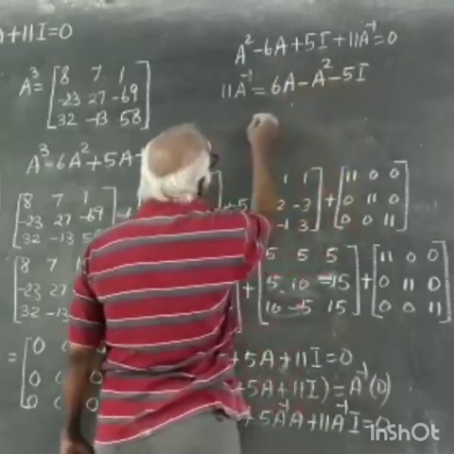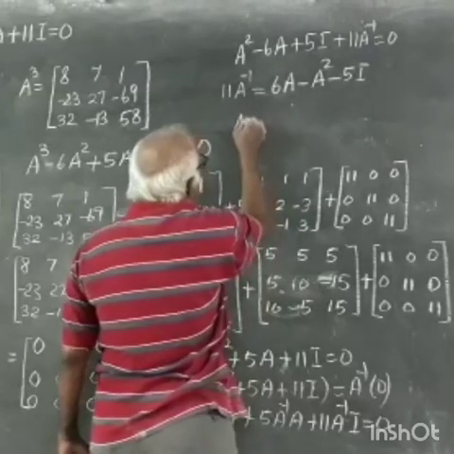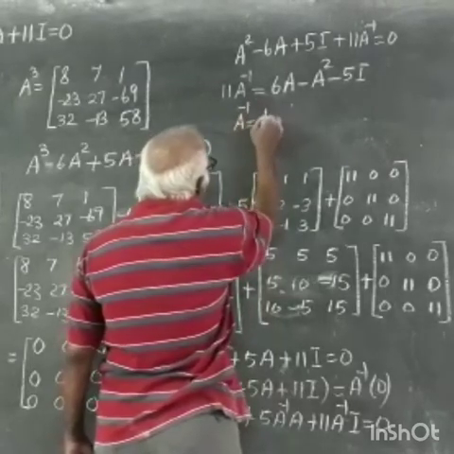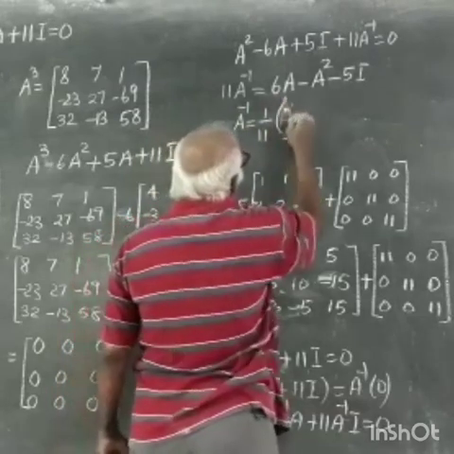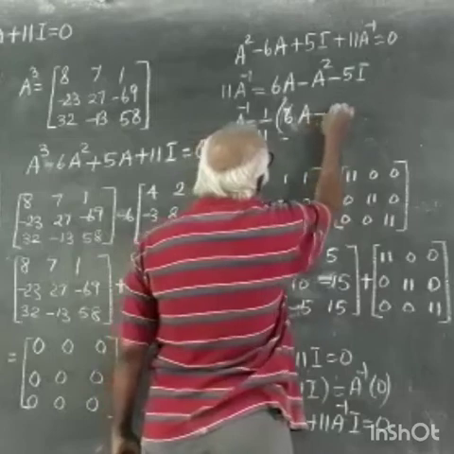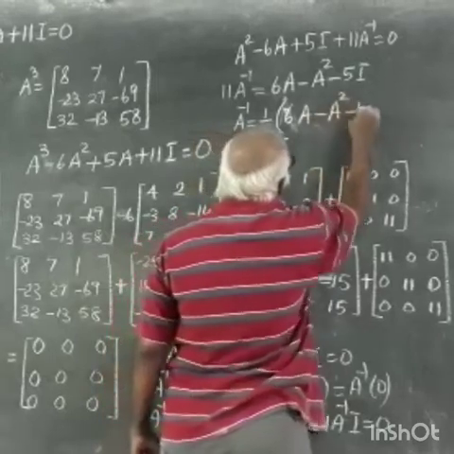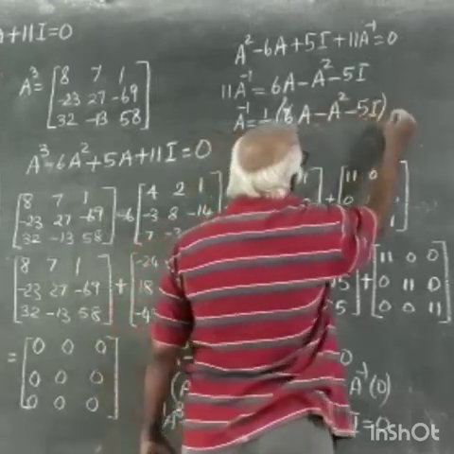So A inverse is equal to 1 by 11 into 6A minus A square minus 5I.